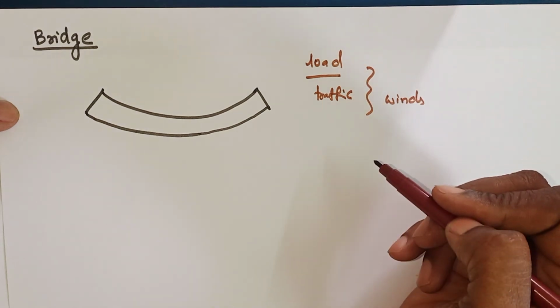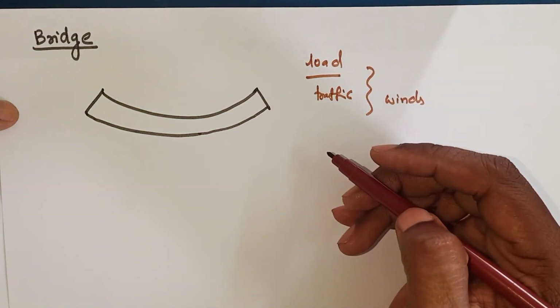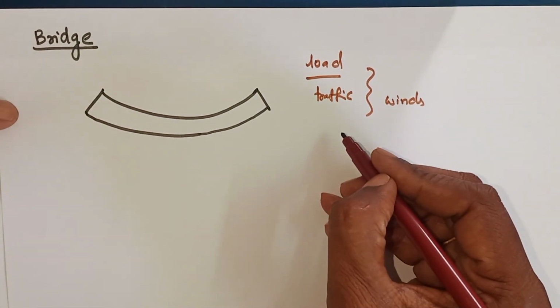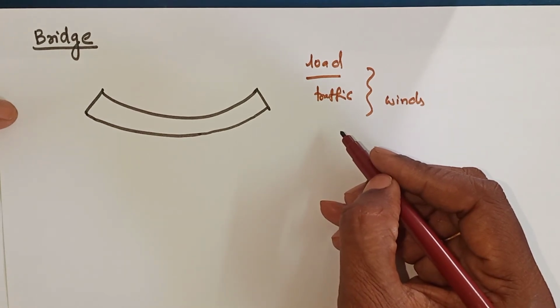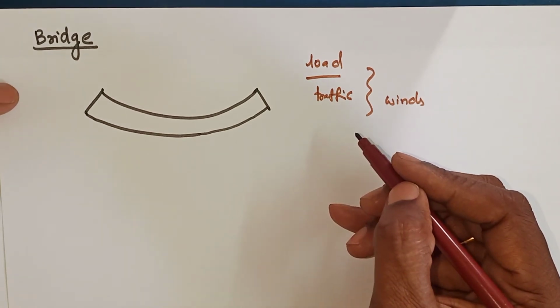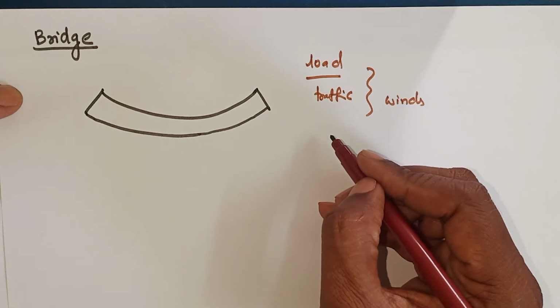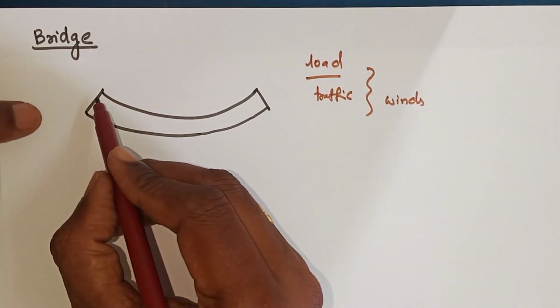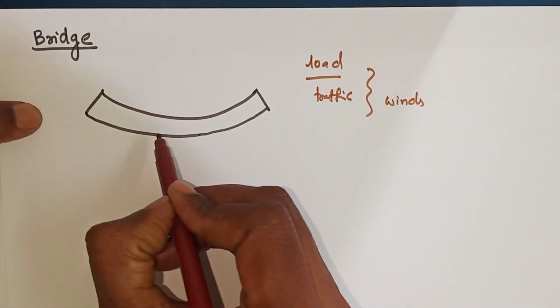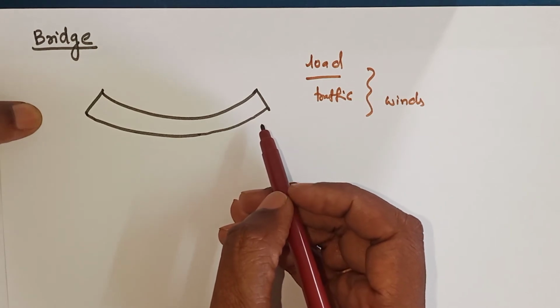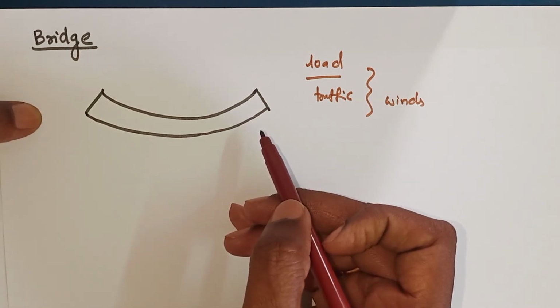These have to be borne by the bridge, and in that beams and columns are very common. The beam should not be bent too much. Let us consider a simple case.